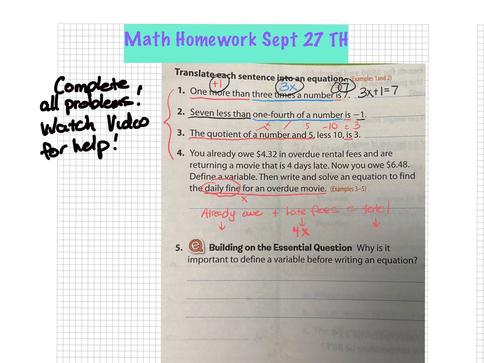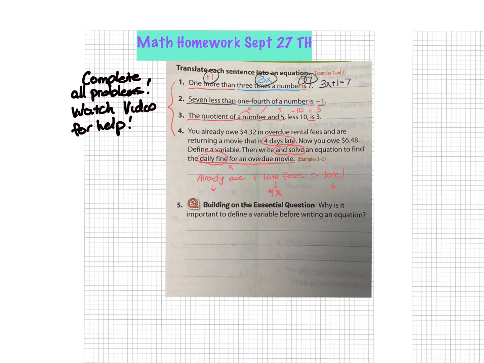So what we ended up paying in late fees was whatever our daily fine was times 4, because we were 4 days late. So we got 4 fines in a row. All right, see if you can figure that one out. So I helped you with the hard part. Ooh, and then it says and solve. So once you do that, can you solve? All right, number 5, I'm going to read this answer.